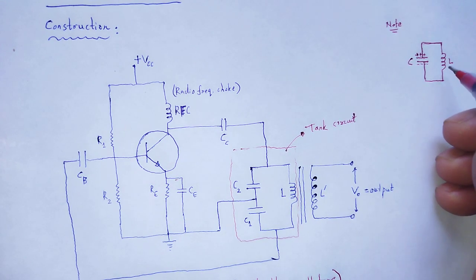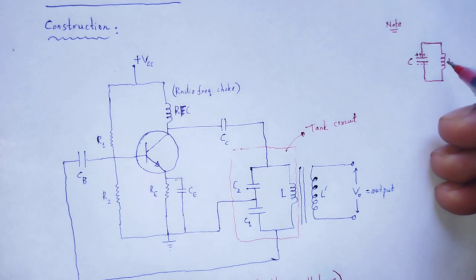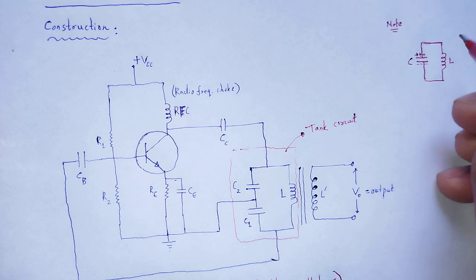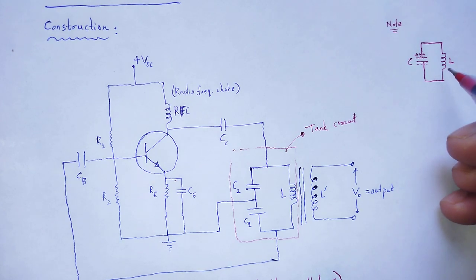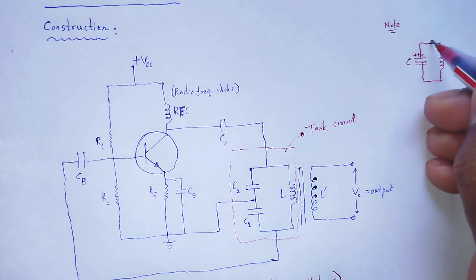Inside the inductor, a change of magnetic flux occurs, and that change of magnetic flux creates an induced EMF, which is opposite to the direction of current by Lenz's law.